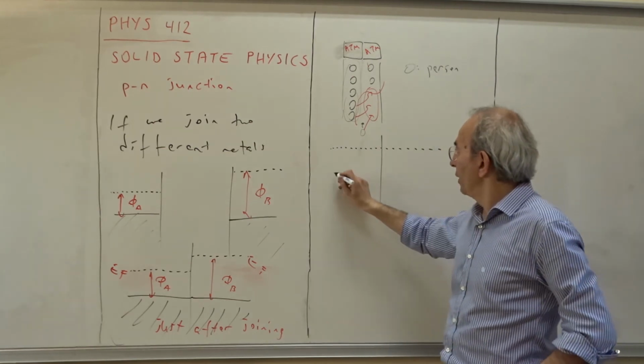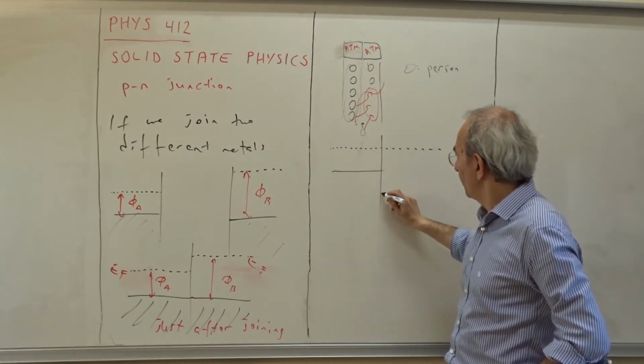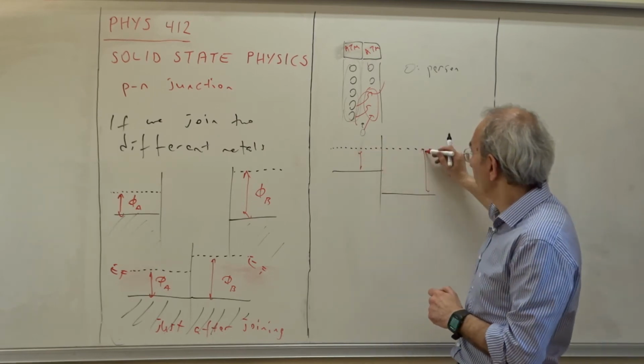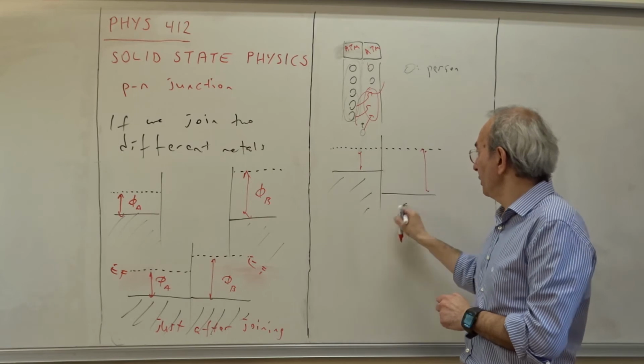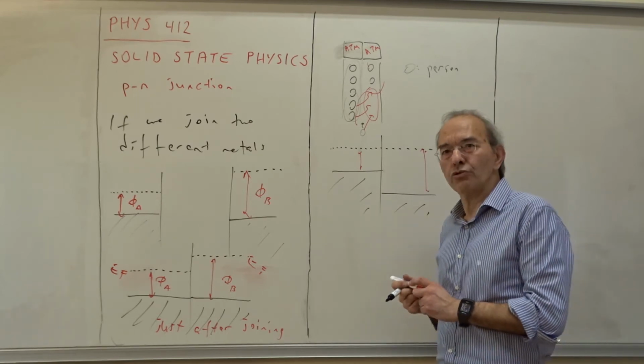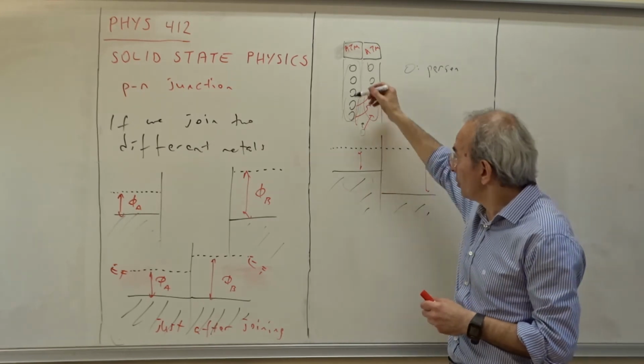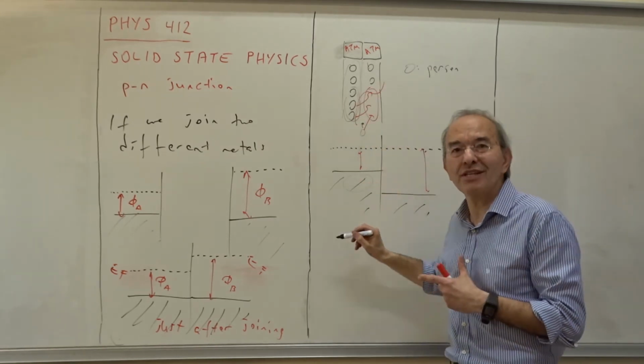But then the system is like that, because the shorter one is here and the longer one is there. And these are the electrons in the valence bands. So these people correspond to those electrons.